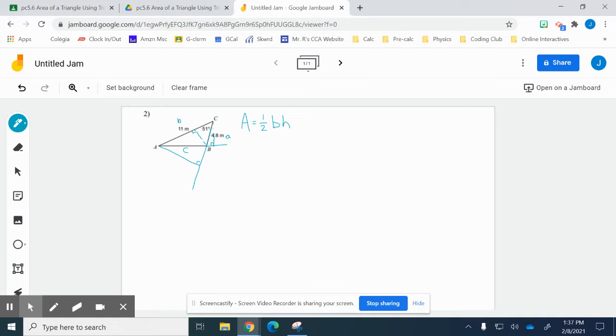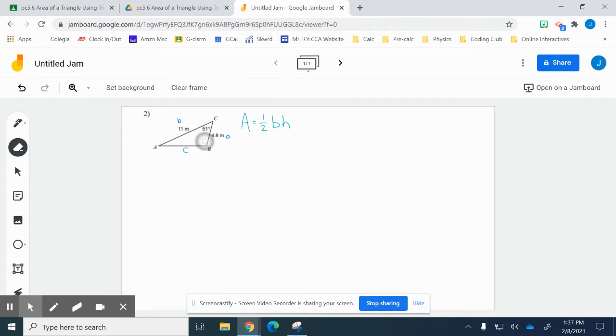Whichever one you want, as long as the height you choose is at a right angle with the base that you choose. I'm going to erase those because I will tell you which one I am going to choose. The interior ones are just going to be easier. There's no way around that.